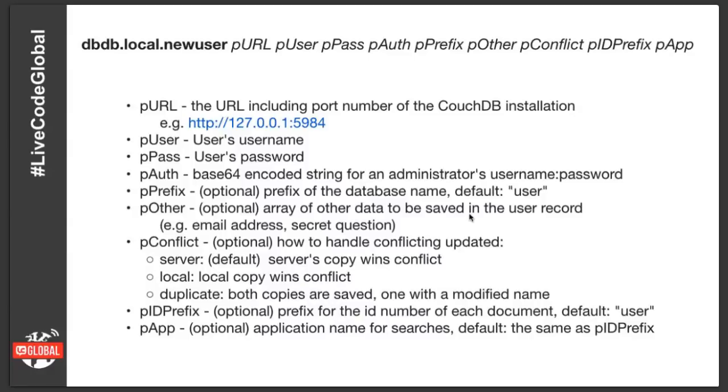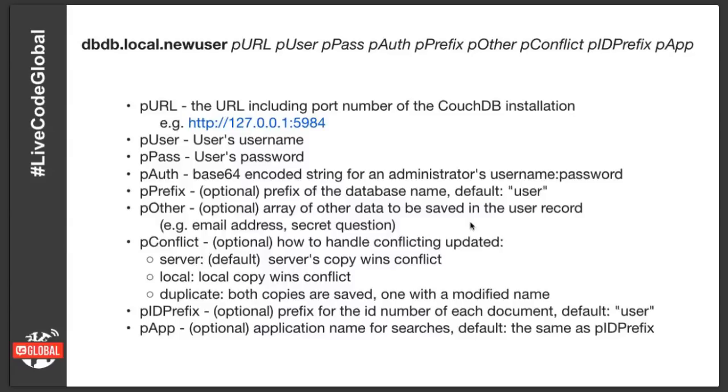One thing I'll note here is that I've also set this up so that you can use the same database for the same user for multiple apps. So the prefixes are there so that you can either give a database a different name or prefix the ID numbers in the database, depending on whether you want multiple databases or one database.